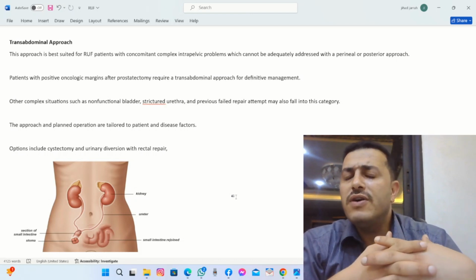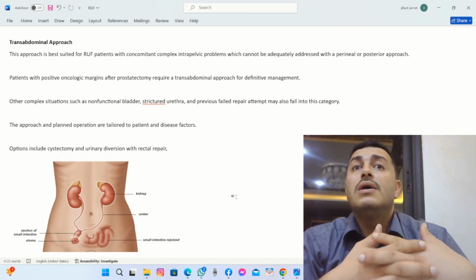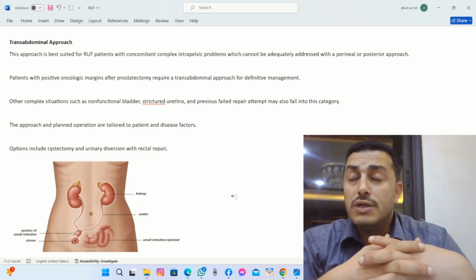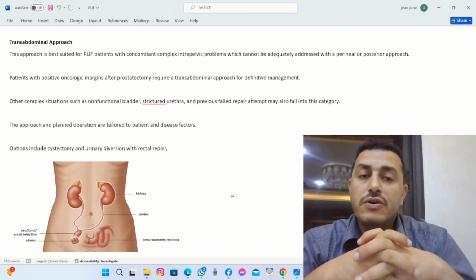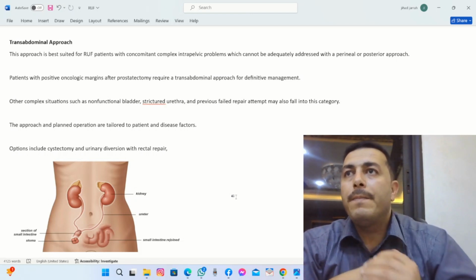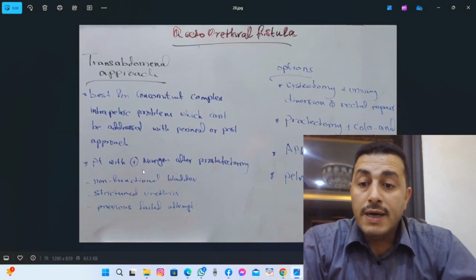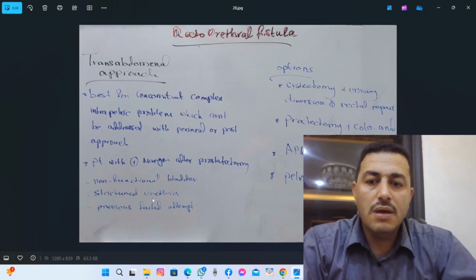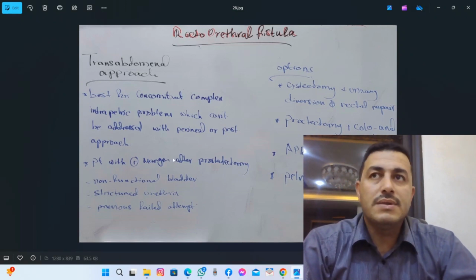Also, if we have a non-functioning bladder and urinary incontinence, we said that this is associated with high probability of permanent urine diversion. These are some of the indications, for example, severe stricture of the urethra and a previous failed attempt.